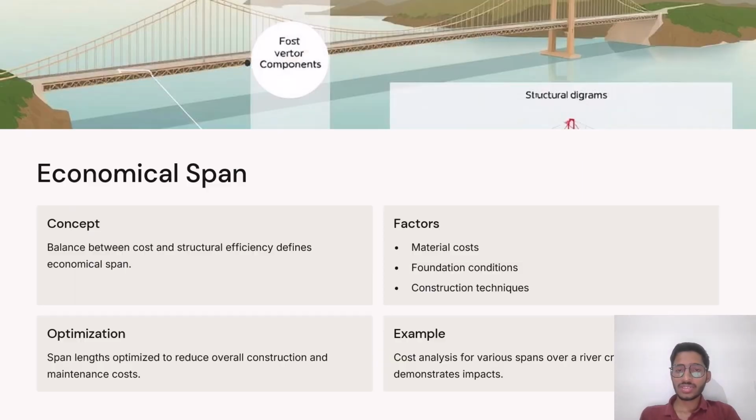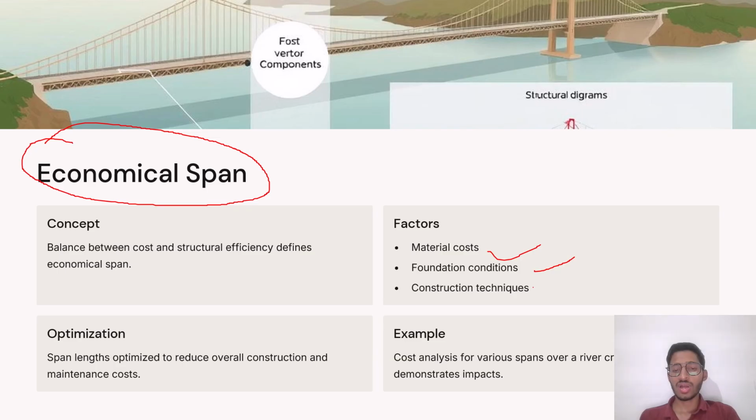Then on the next slide, what is economical span? The concept of economical span is nothing but cost and structural efficiency. At minimum cost, the bridge should give the maximum efficiency. That is the economical span. The factors considered in economical span are material cost, foundation condition, and construction technique.